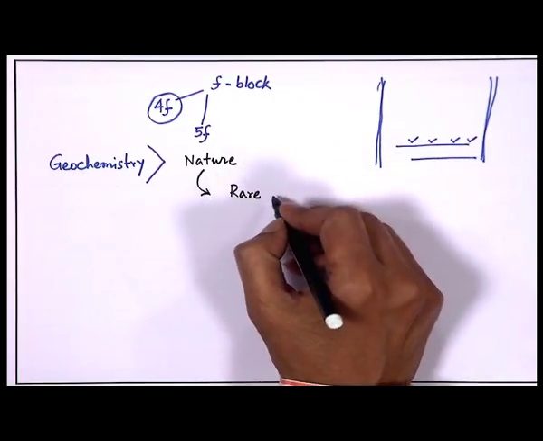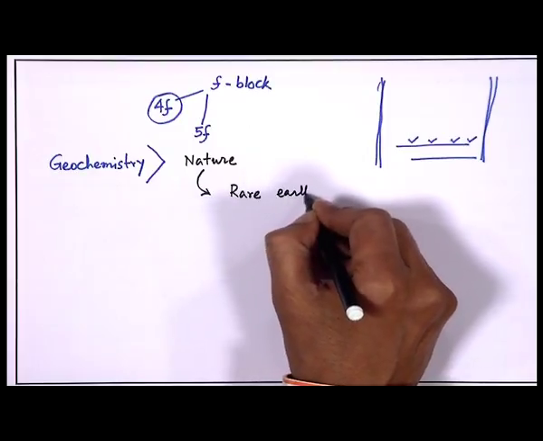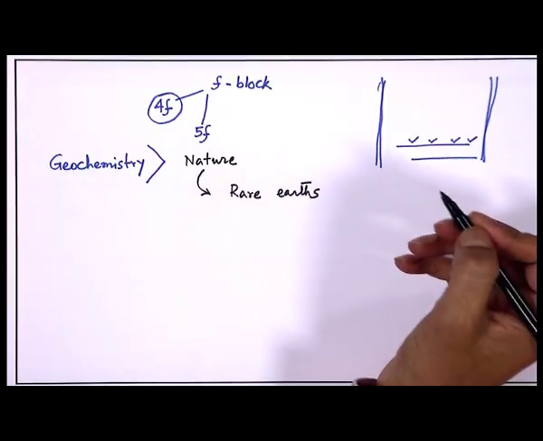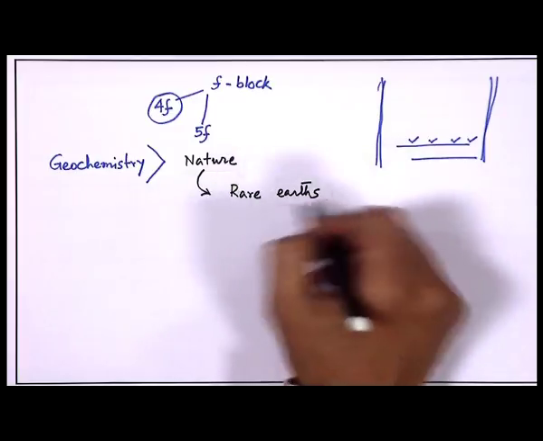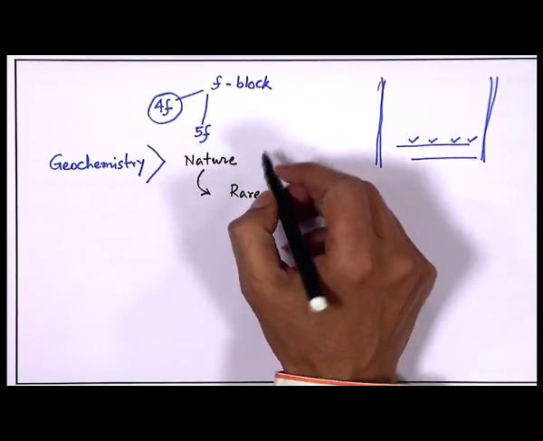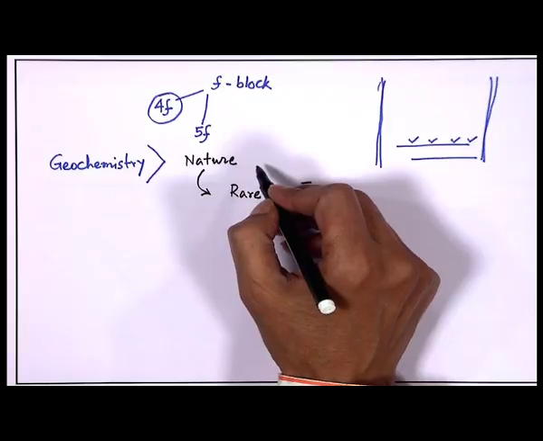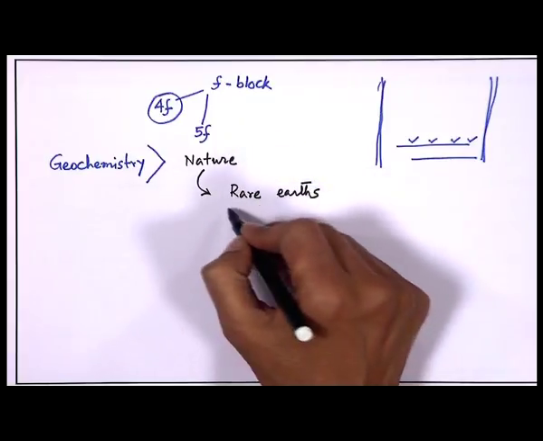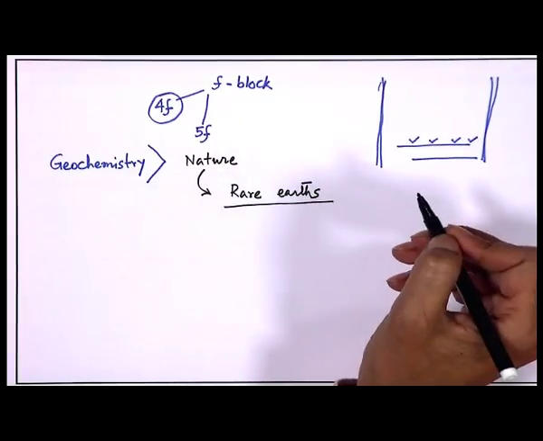So, they are basically called rare earth elements, because when they are found, they are found together in nature.